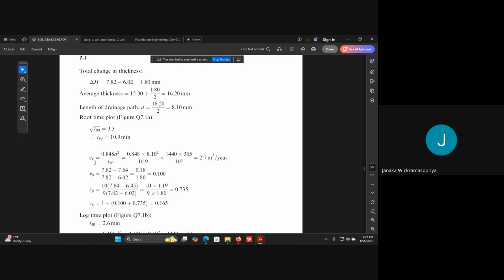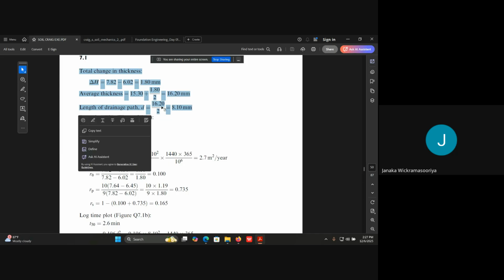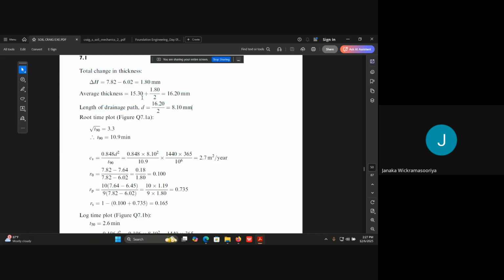So you can determine Cv from this figure. So how would you draw this one? Sorry, first of all, you can come up to this point, otherwise we will miss that. So come up to this point, the length of the drainage path.